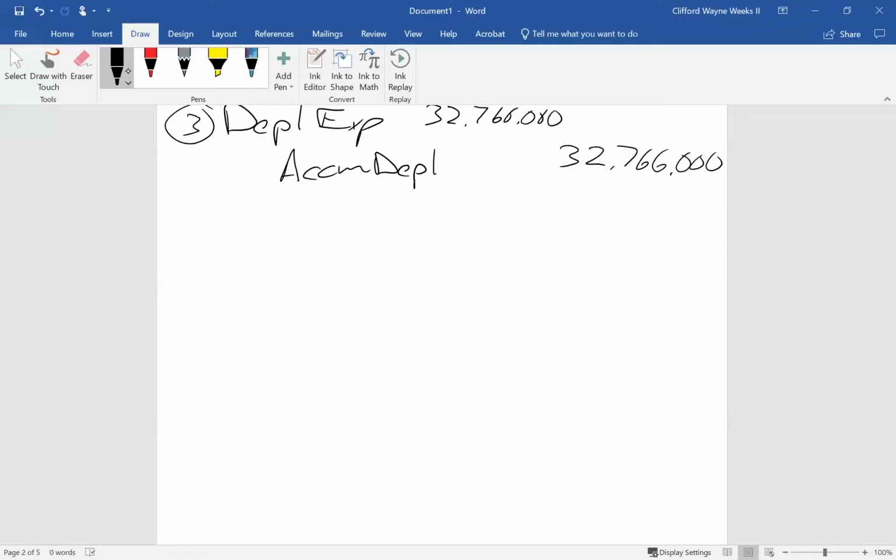So if a company did pay $1 million, they're basically going to say, hey, we paid cash for $1 million. We can record those assets. I'm just going to lump all their assets together, because when they paid us the $1 million, they got all of our assets. So just do assets.